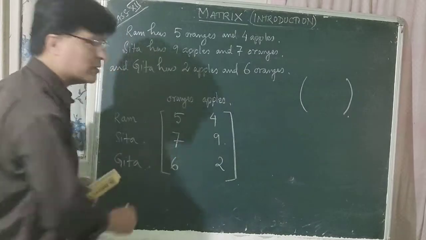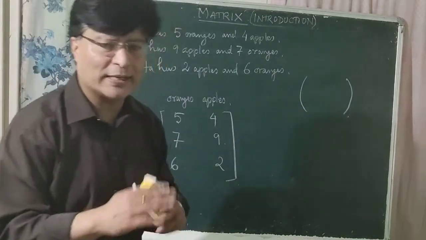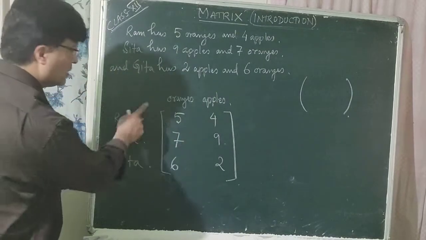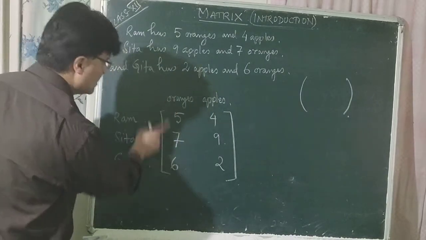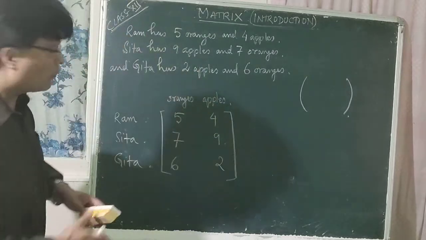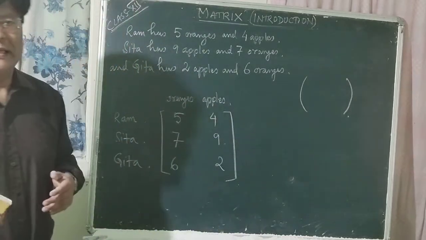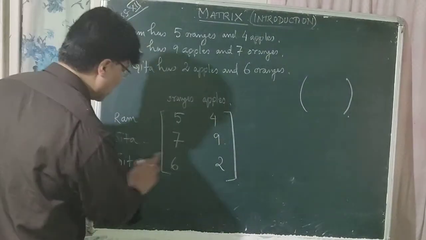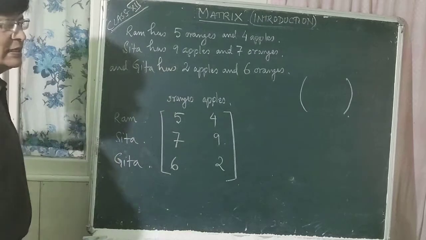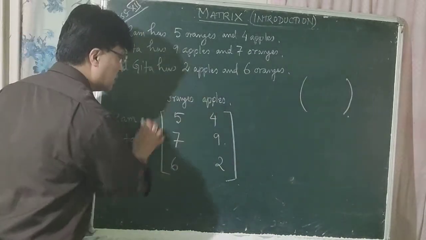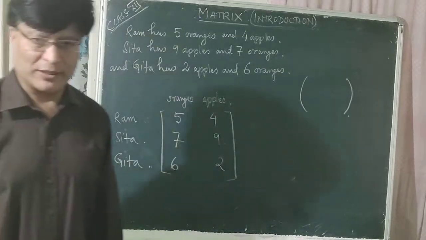But from this representation, you can immediately say how many oranges Geeta has: 6 oranges. Geeta has 2 apples, Sita has 9 apples, like that. So from this representation, we can easily say how many apples and oranges Geeta has, etc. Okay. So this representation is known as matrix.